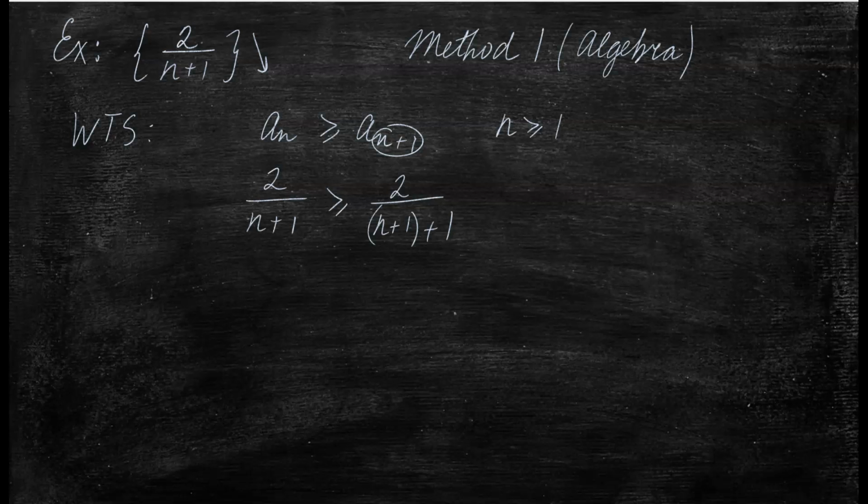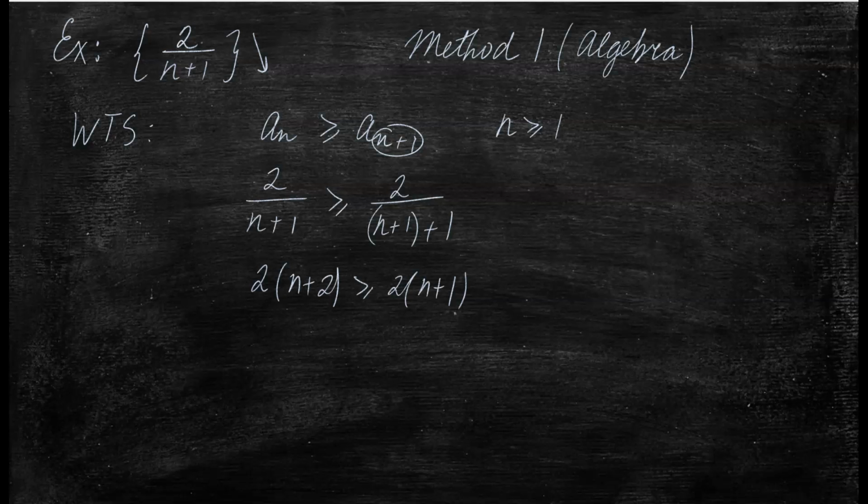And let's multiply both sides by n plus 1 times n plus 2. So we get this. And where did n plus 2 come from? Well, that's what this is equal to. So now we're just multiplying both sides by the common denominator.